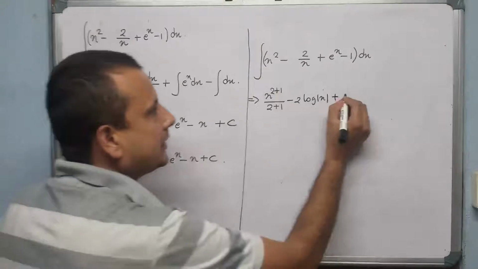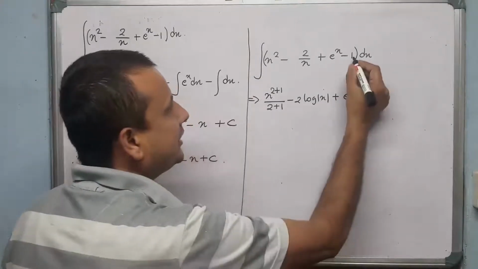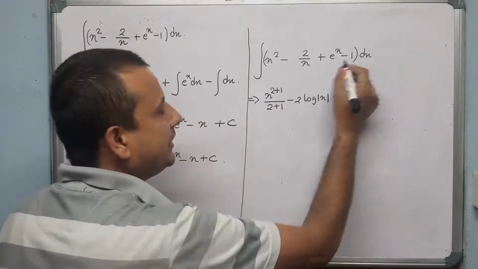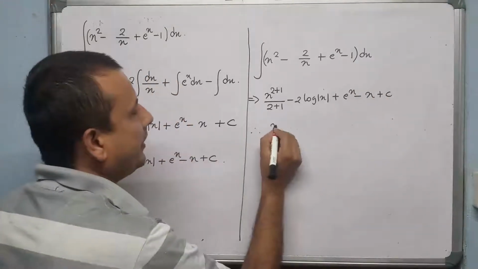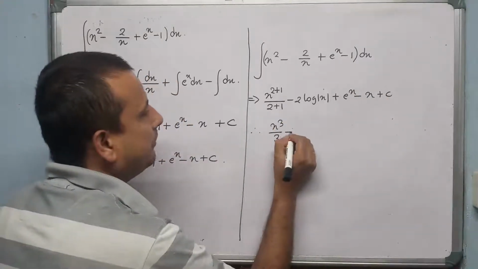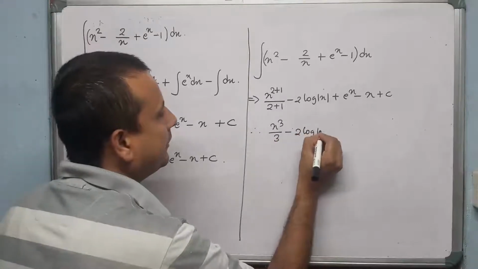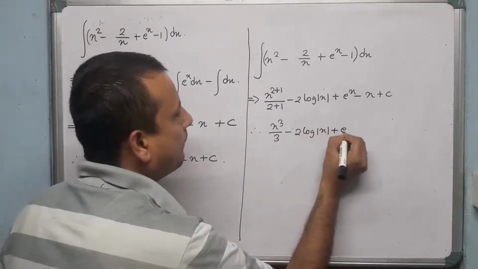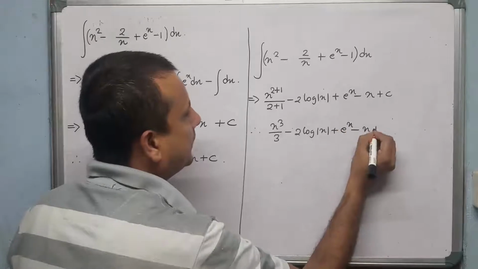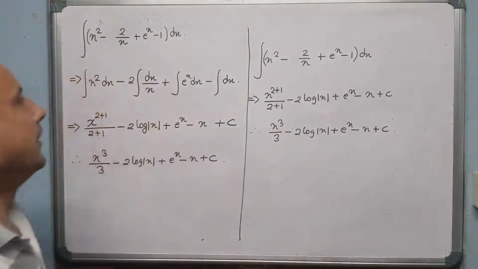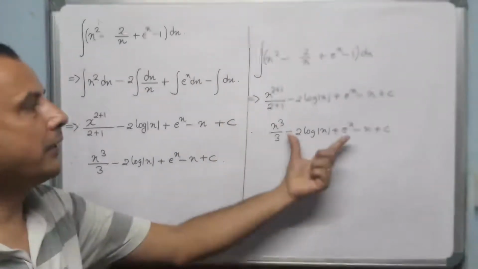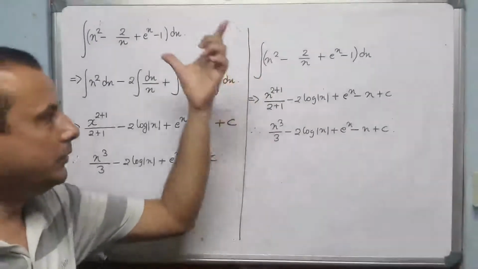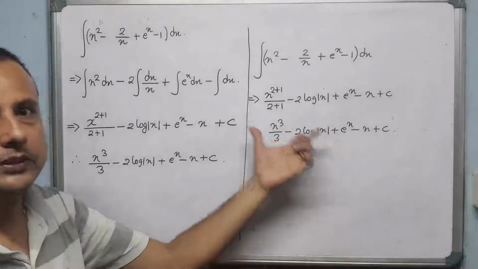Integration of e to the power x is e to the power x, minus integration of 1 dx is x, plus c. So x cubed by 3 minus 2 log x plus e to the power x minus x plus c. This is a little bit lengthy method. This is the shortcut method. After knowing the formula perfectly, you can apply it this way and make a habit to do the integrations by this direct method.